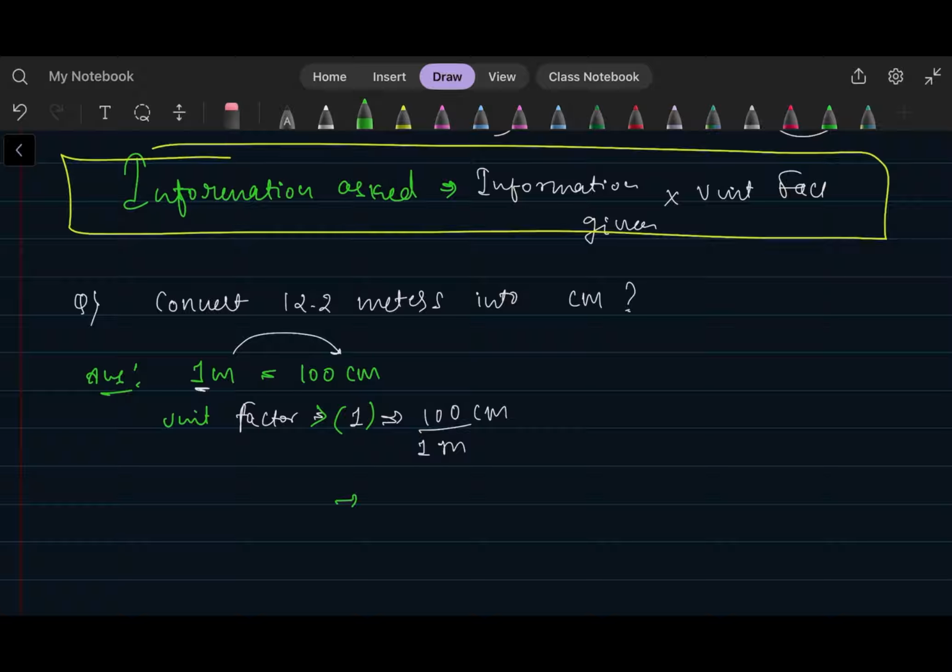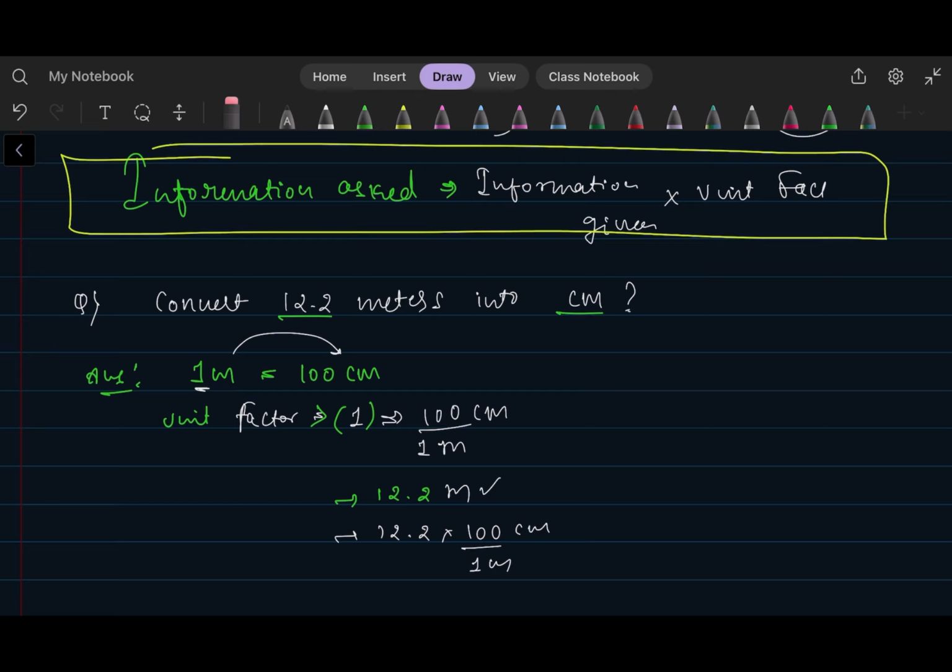Now just mention the value. They have given 12.12 meters, and we have to convert it into centimeters. So 12.12 meters is already given. We have to express this in terms of centimeters. So 12.12 into 100 centimeters divided by 1 meter.